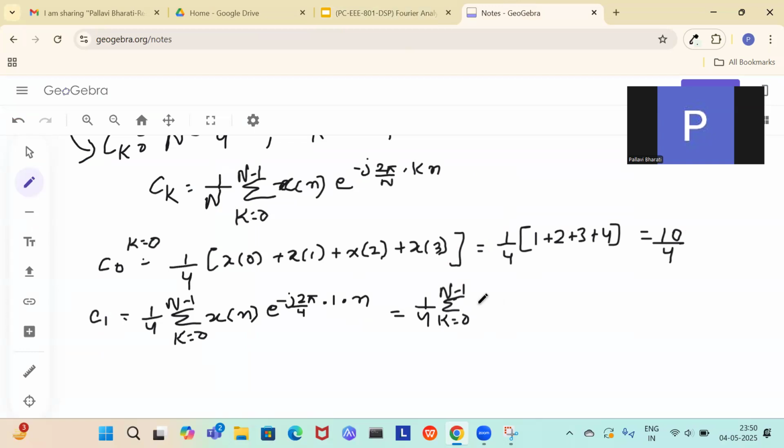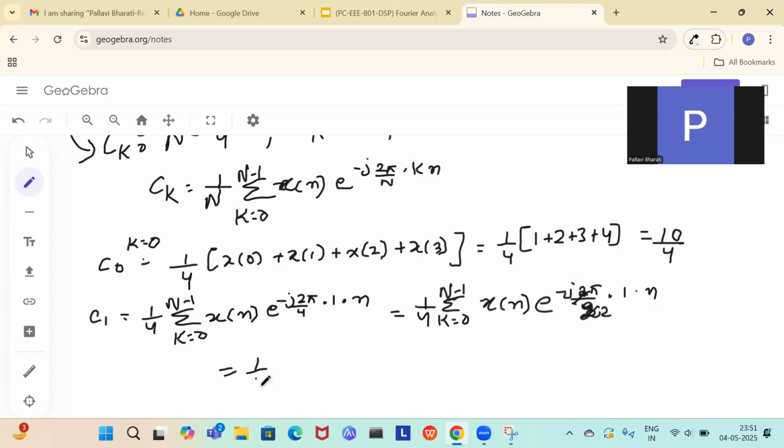So now it becomes x[n] e to the power minus j 2 pi by 4, that is pi by 2, into 1 into n. So this also gets cancelled. 2 pi by 4 was there, so 2 remains.